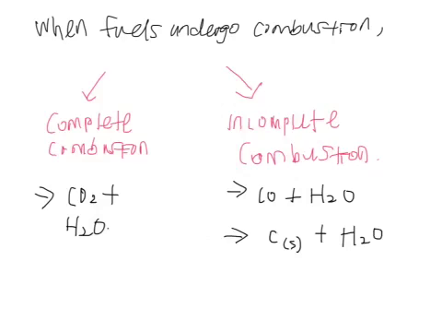So you are expected to know how to write the equation given any fuel. Given any fuel, you should be able to write for us the complete or incomplete combustion of that fuel. You just got to remember one thing: whenever the word complete combustion is there, you know that the products must be carbon dioxide and water.